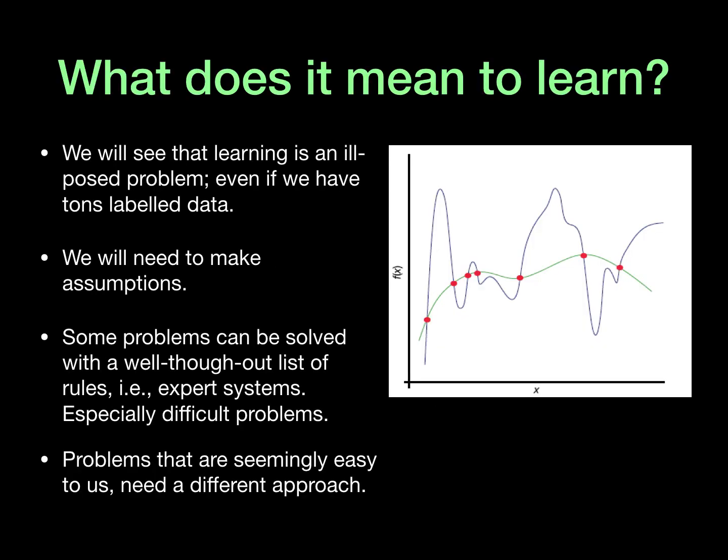We will see that what makes learning difficult is the problem itself. Machine learning, or learning in general, is an ill-posed problem, as shown in this figure on the slide. Given a set of points, shown here in red, there are several underlying functions from which these points could have arisen.